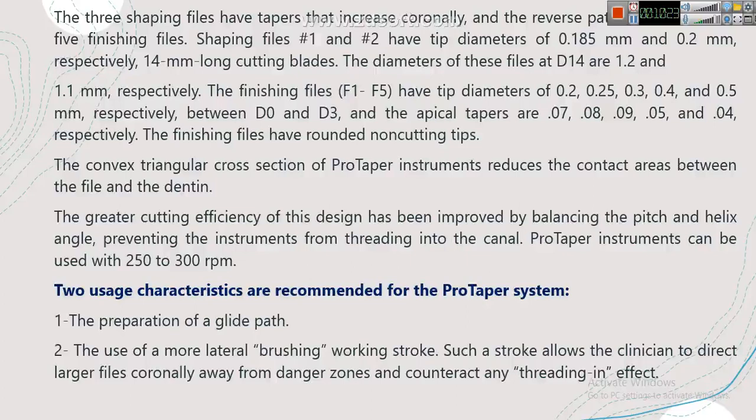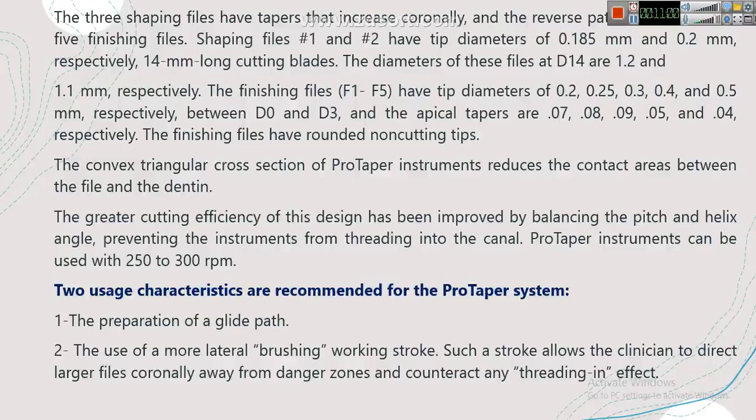In general, ProTaper files should be used within the canal system according to the instructions for rotation speed. So 250 to 300 rounds per minute would be a good speed during cleaning and shaping of the canal system.